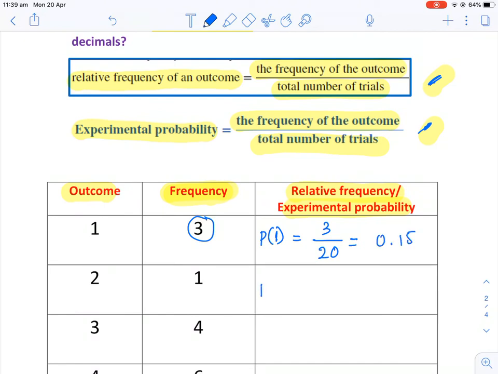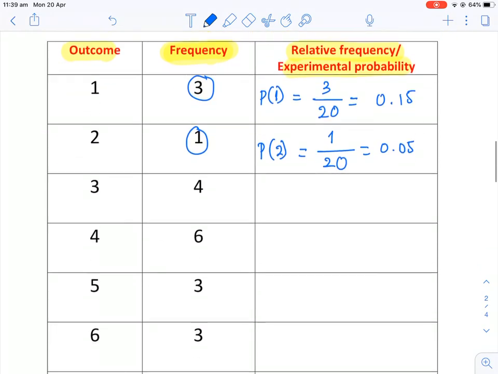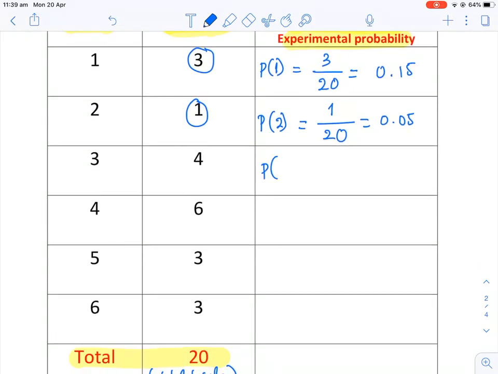Same thing, the relative frequency of getting a 2 is equal to the frequency of getting a 2, which is 1 here, divided by the total trials, which is 20, so it equals 0.05. You do the same thing for the probability of getting a 3, a 4, a 5, and a 6.